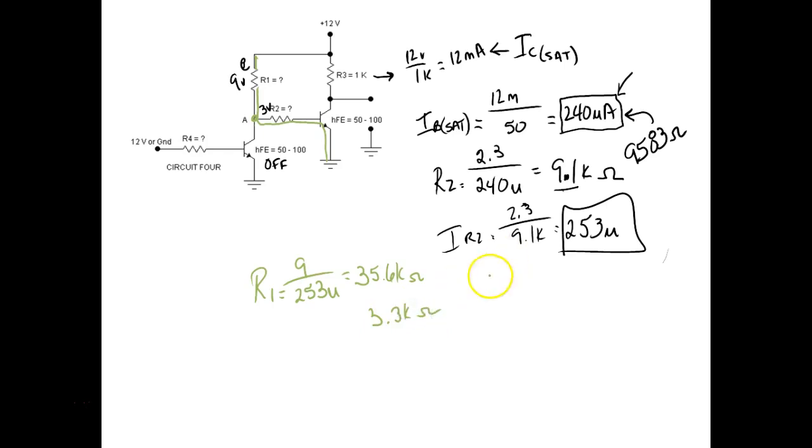So now we can say my base current is actually, so this guy's not going to drop 9 volts, right? It's going to drop a little less than 9 volts. This guy here is going to drop a little more. Base current's going to go up, but once the transistor's saturated, it's what?